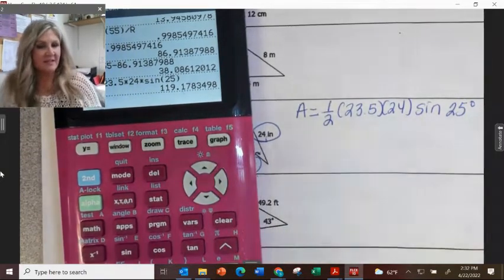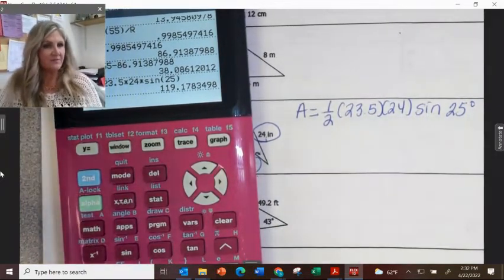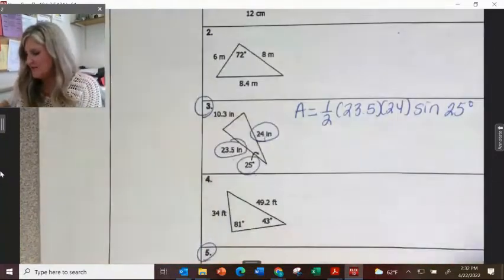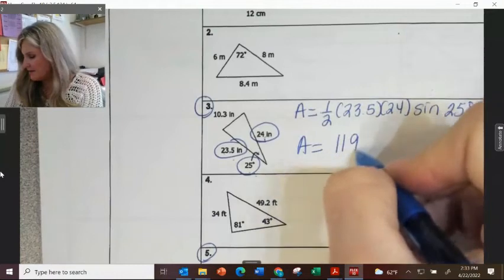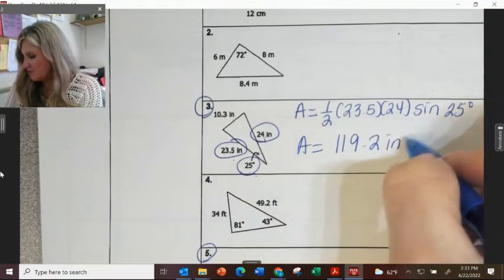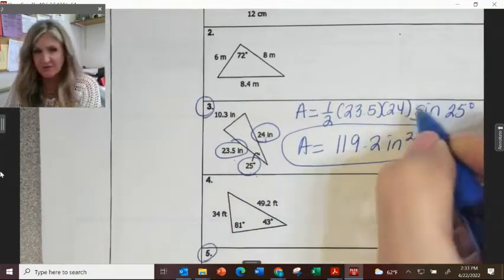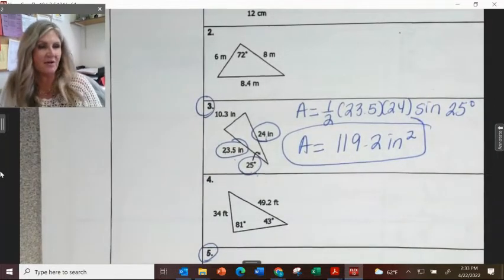Are you guys able to get this, 119.2? Okay, so then that means that our area is going to be 119.2 square inches. Remember, we use square inches when we're talking about area.